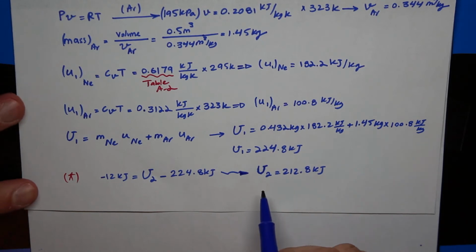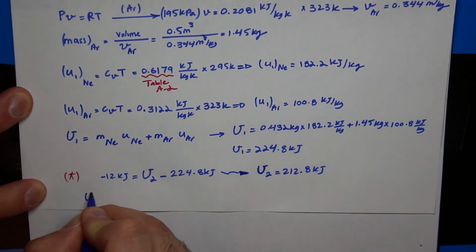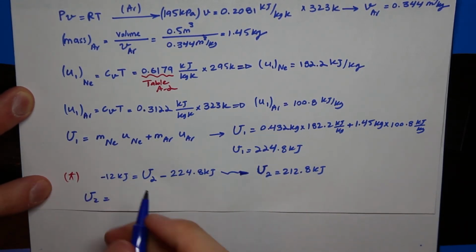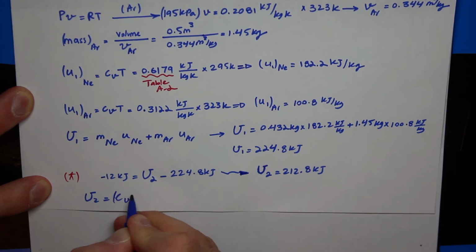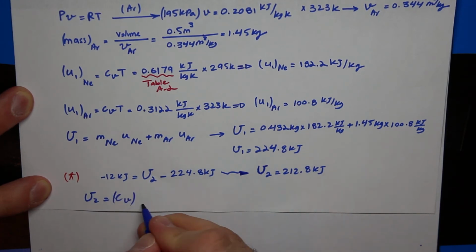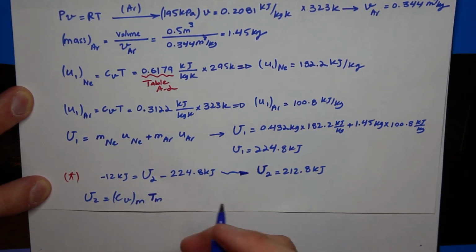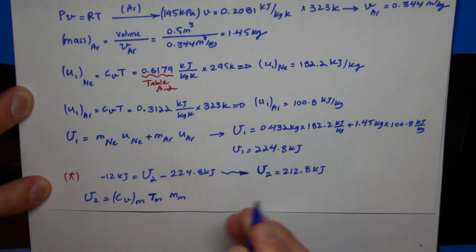Now, this U2 is equal to the specific heat at constant volume for the mixture multiplied by the temperature of the mixture and also by the mass of the mixture.